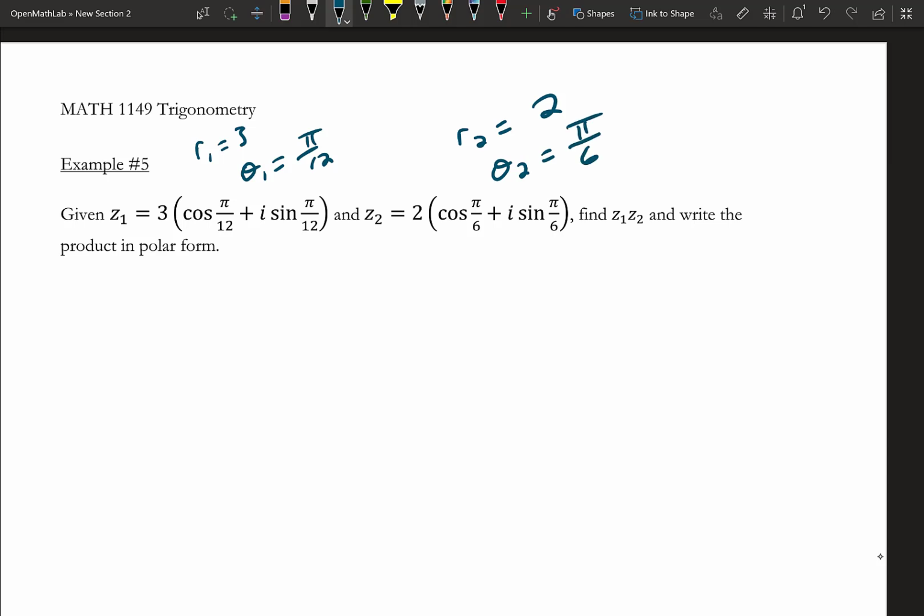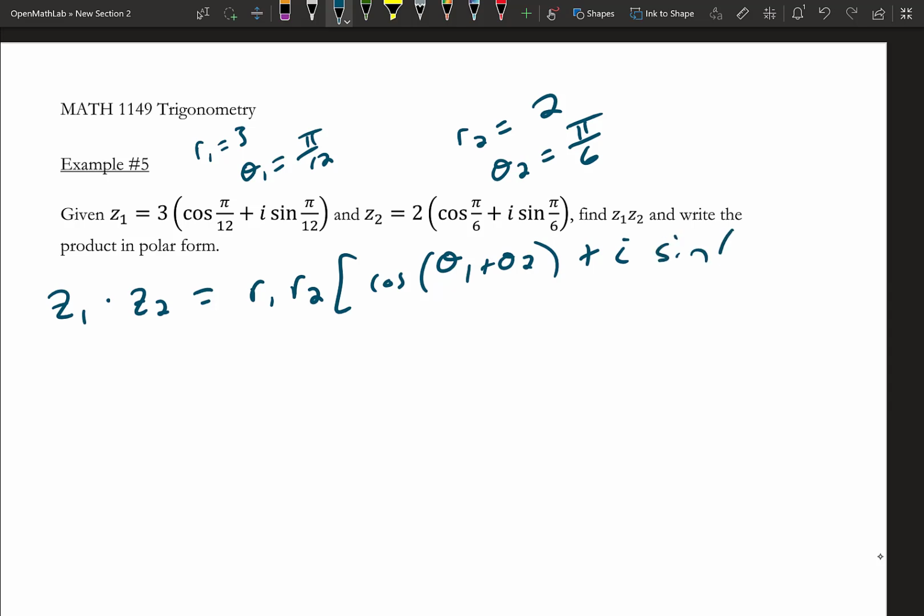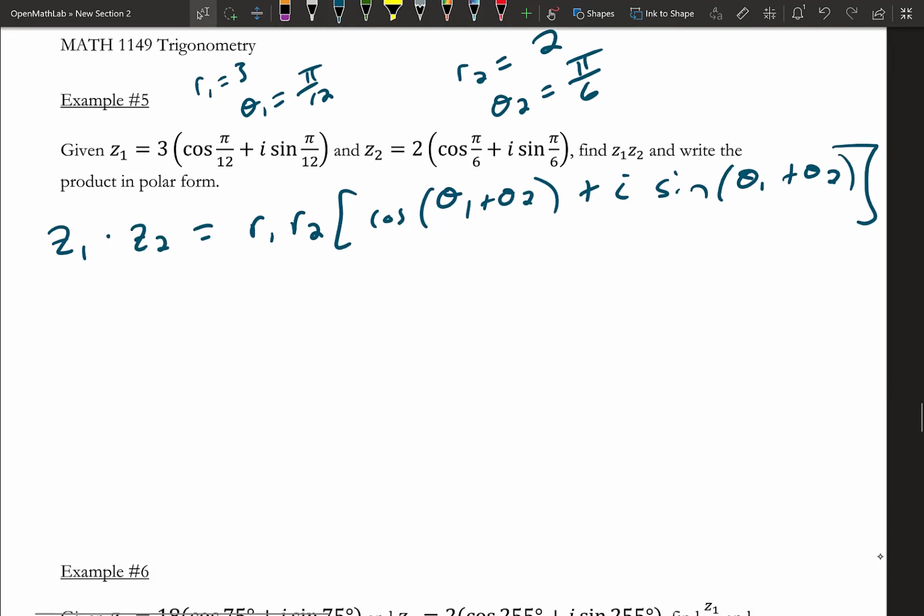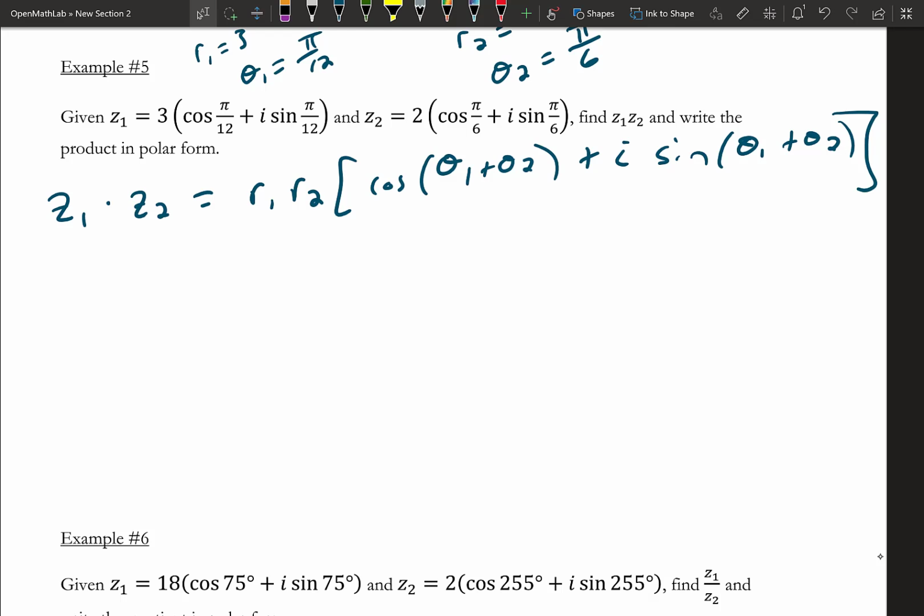It's just a matter of plugging things in. We know that z1 times z2 equals r1 r2 times cosine of theta 1 plus theta 2 plus i times sine of theta 1 plus theta 2. That's just the equation presented on the previous page, I guess two pages back.